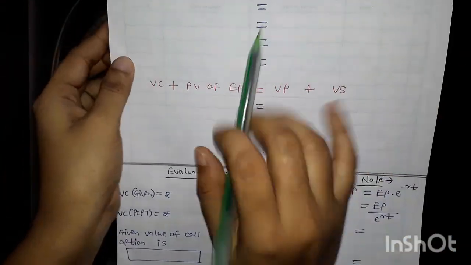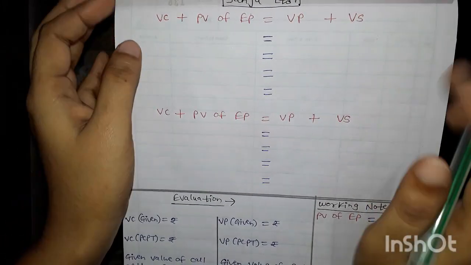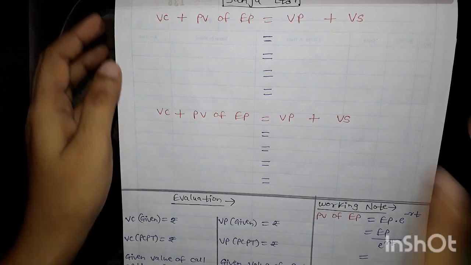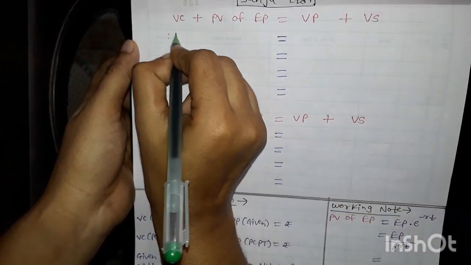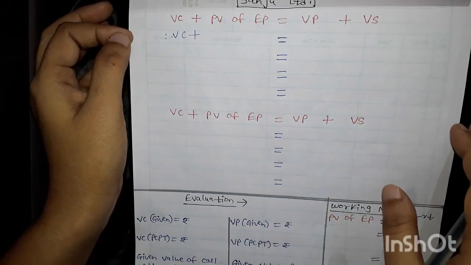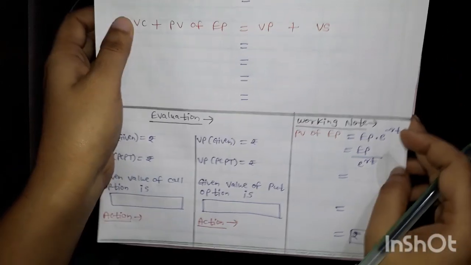First of all, we are going to use the put call parity formula, and from that we will calculate the value of a call option and the value of a put option again, even though it is already given in the question. So first, I don't know the value of a call, plus the present value of the exercise price. Now the exercise price is different, so we have to calculate it again.